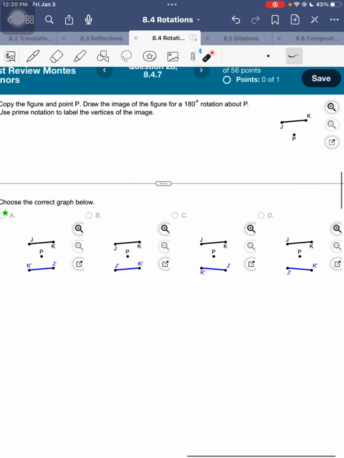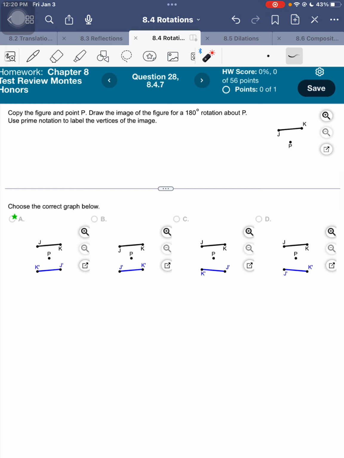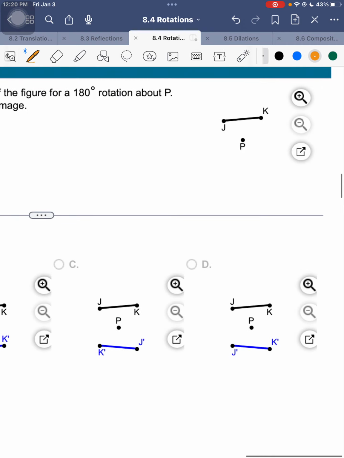Okay, so let's look at number 2. Draw the image for the figure for a 180-degree rotation about P. I'm going to still move counterclockwise. So if this is my point of rotation, I'm going to rotate 90 degrees over here.